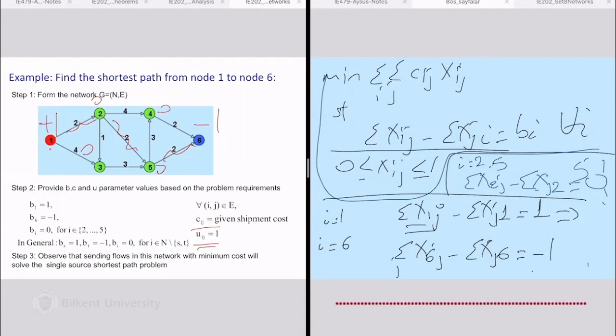So as you see, in this version, the network was already there with the costs, okay? You just need to come up with B values and U values correctly, so that when I solve MCNFP, I'll actually get the shortest path from S to T, from 1 to 6. All right? Any questions on this?